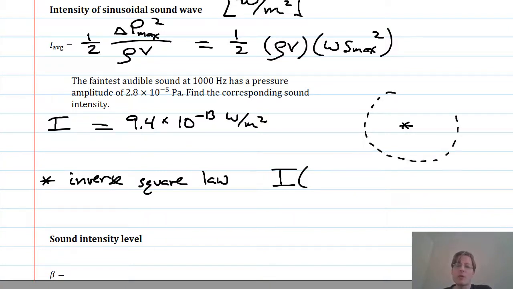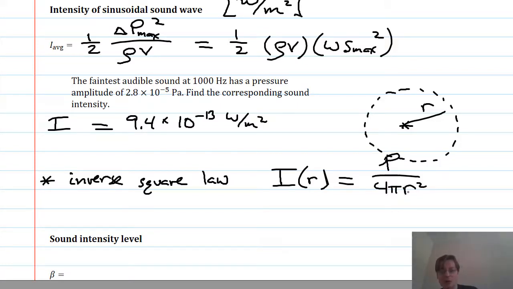You know that the further away you get at some radius r, that reduces the loudness, reduces the intensity of the sound. So the intensity at radius r is equal to the power that comes off the source divided by 4 pi r squared.